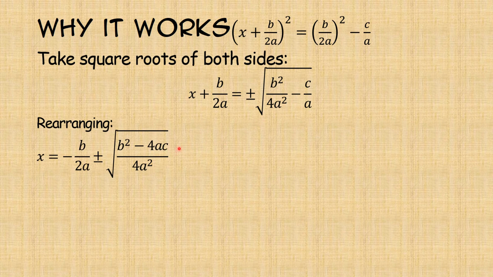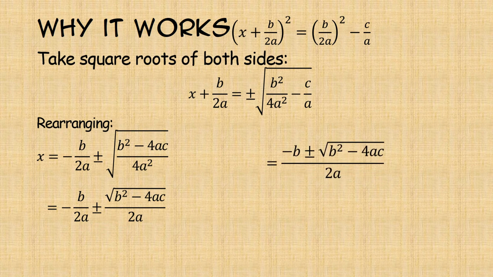So we just have to multiply c by 4a. That's how we get b squared minus 4ac over 4a squared. Then notice that 4a squared is a perfect square, so you can take it out of the square root and leave 2a there instead. And since both terms in this equation now have a common denominator, we can express it as one fraction.